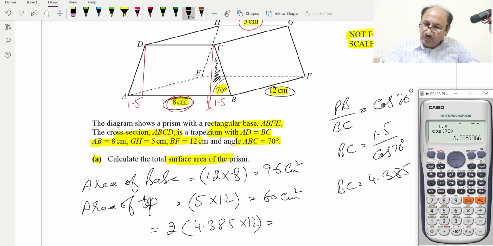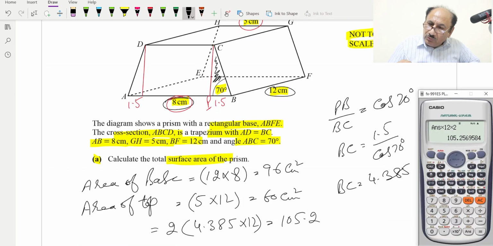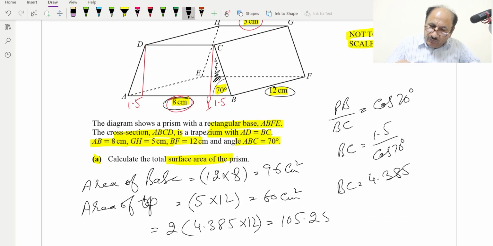Since this decimal value is there, I will multiply this by 12 and then multiply by 2 also, and this is equal to 105.257. Now two slanting sides are covered, so four sides we have covered.